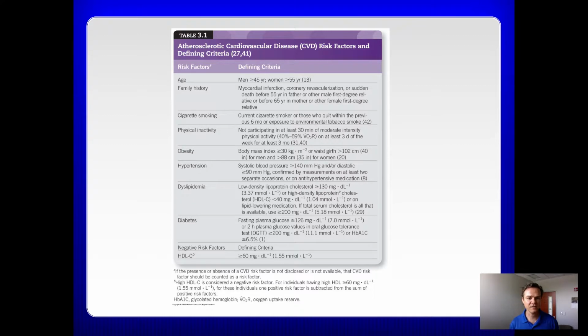So this is a list of the risk factors. You need to memorize this. Realize that each risk factor is a category. Sometimes that's obvious. For age, it's kind of obvious. But for family history, you may have a mother who had a cardiac event or some sort of documented cardiac issue at the age of 60, and your dad had the issue at the age of 50.